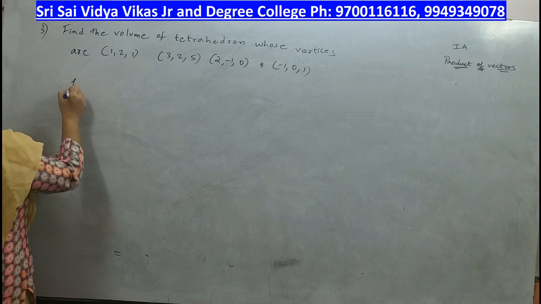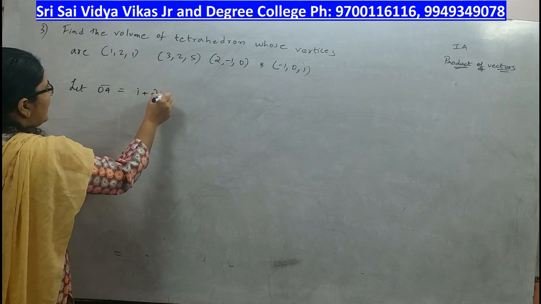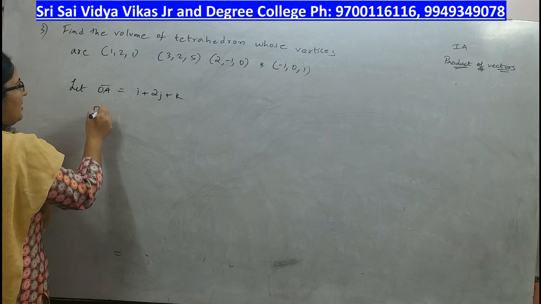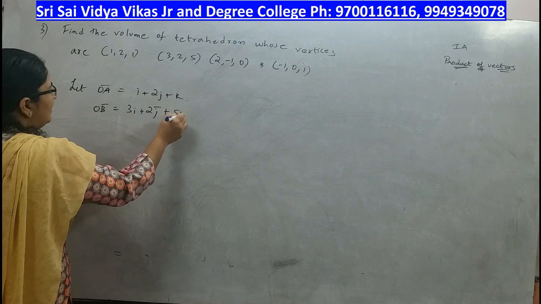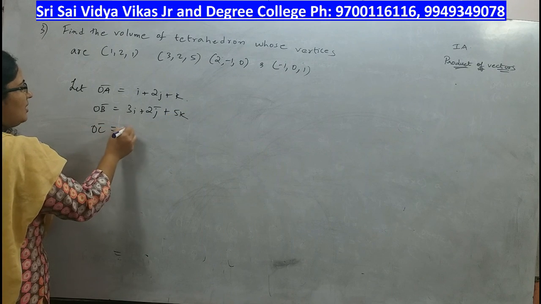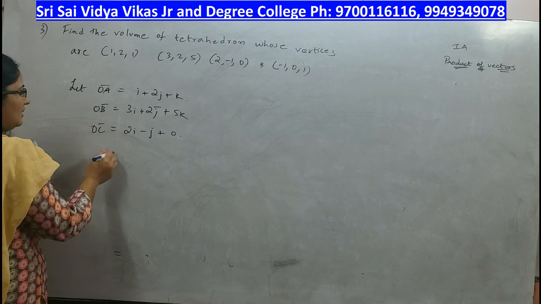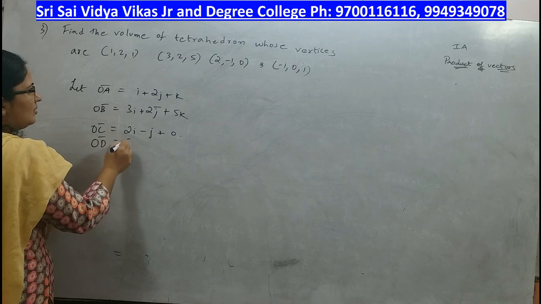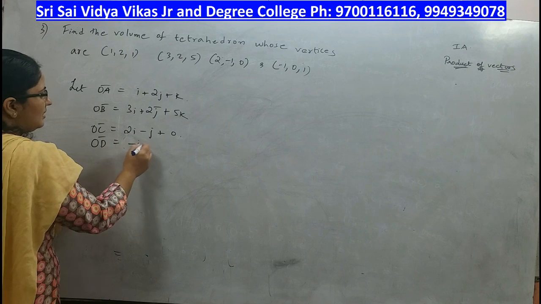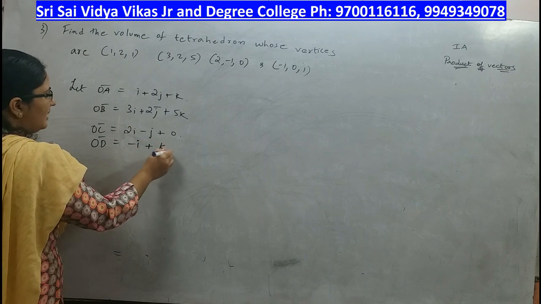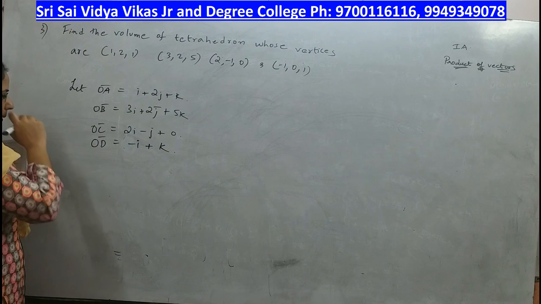Okay, let OA bar is equal to i plus 2j plus k, OB bar is equal to 3i plus 2j plus 5k, OC bar is equal to 2i minus j plus 0, OD bar is equal to minus i plus k. Now let us find the co-initial vectors.